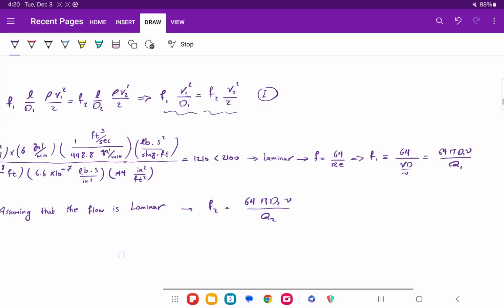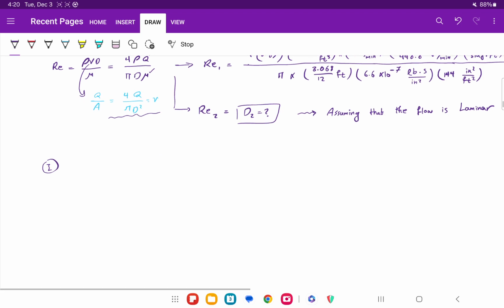So if we do that, equation 1 will be this one. So F1 Q1 square over D1 to power 5 equals F2 Q2 square over D2 to power 5.